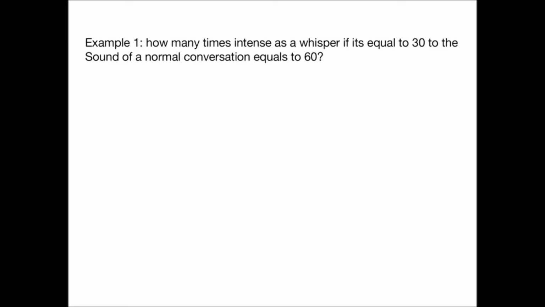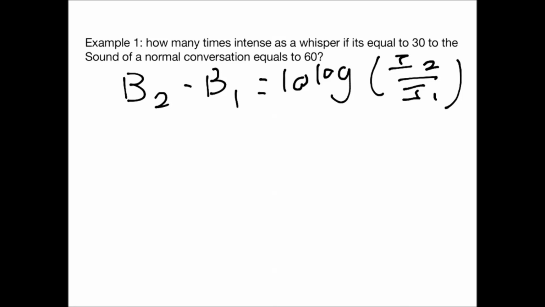Now we move on to example 1. How many times as intense as a whisper, which equals 30, is the sound of a normal conversation, which equals 60? First we have to write the equation. As I said earlier, B2 will always be the greater one and B1 will always be the lower one.